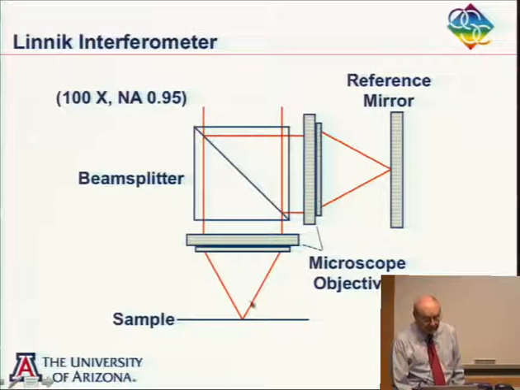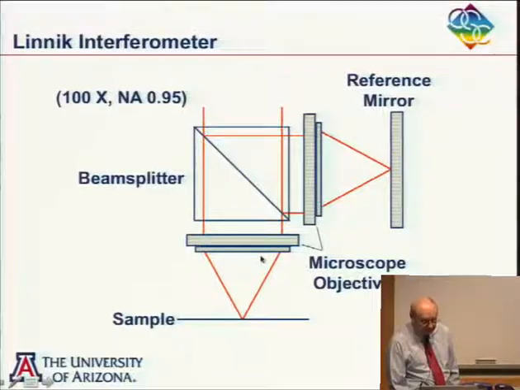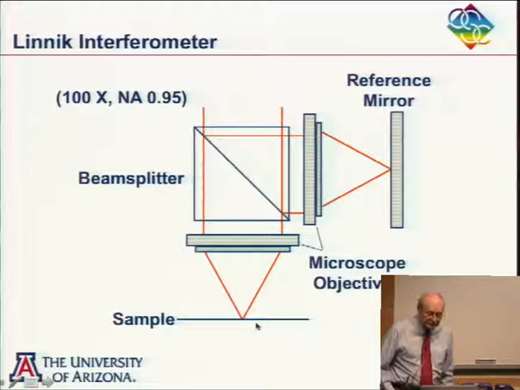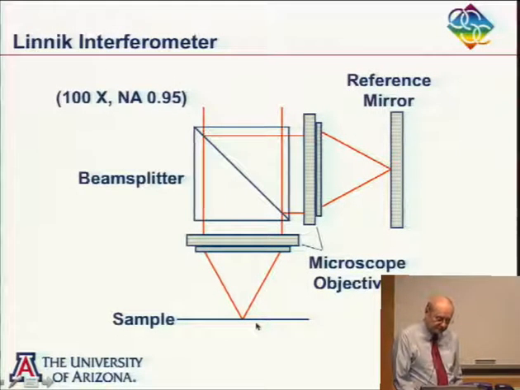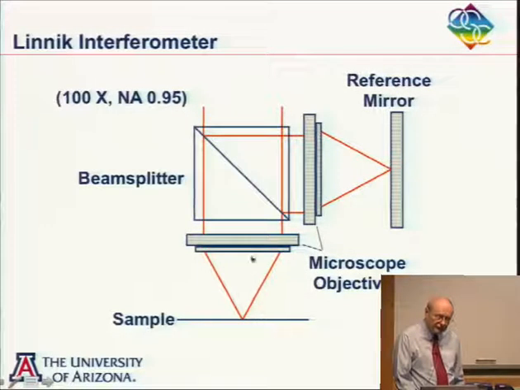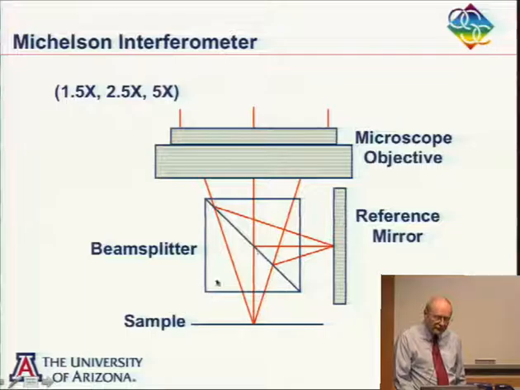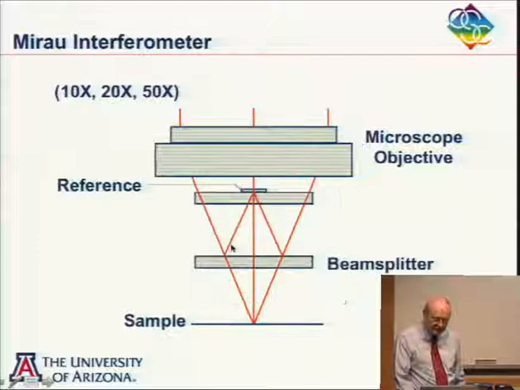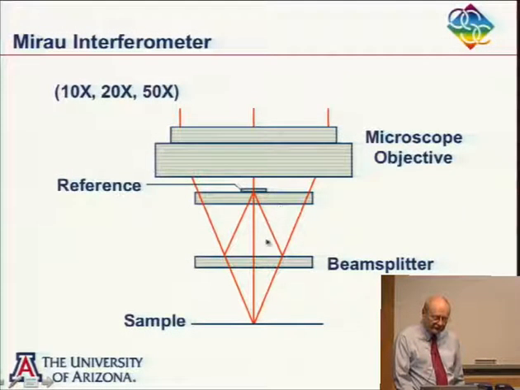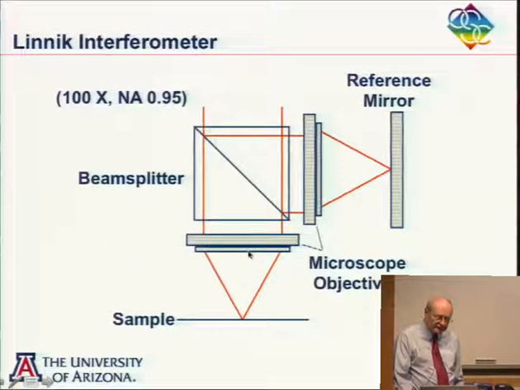We still have pretty short working distances, for sure, fractions of millimeters probably. But we're getting all the working distance we can from the objective. We're not wasting working distance by putting in beam splitters or pieces of glass.